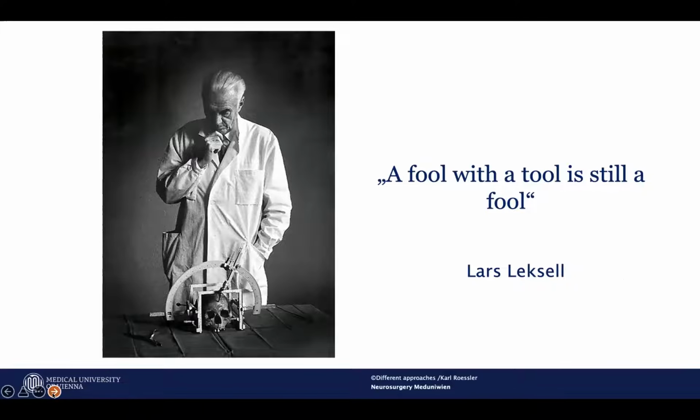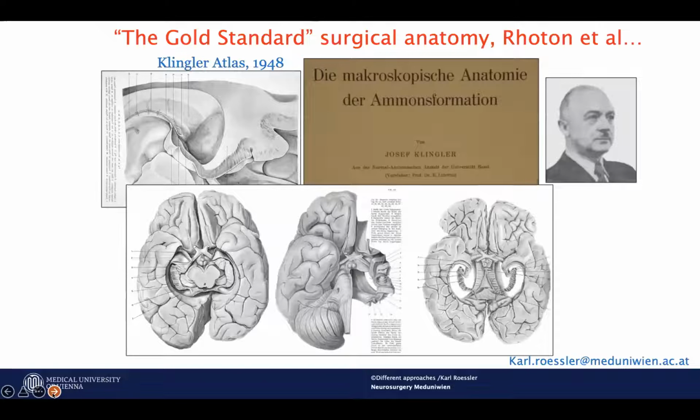So we have mainly to rely on the anatomical basis, on the surgical anatomy. And I think most of you have now in mind the Rhoton Atlas or other atlases. What I wanted to show you is this atlas.